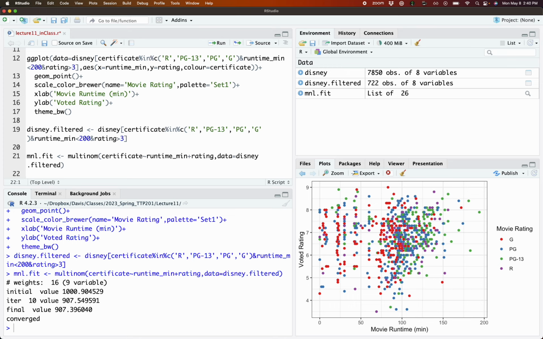So when you run this, you're going to get a little message here. Gives initial value, iteration, final value converged. So these are indicators for the actual running of the model. And as I mentioned before, with logistic regressions, we're running numerically, and so that's why there is this iterative thing going on.